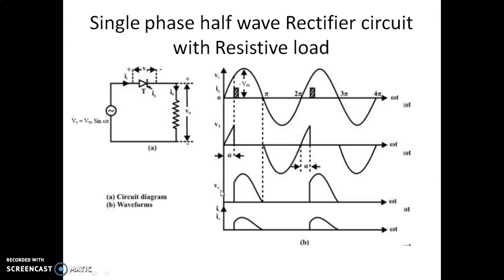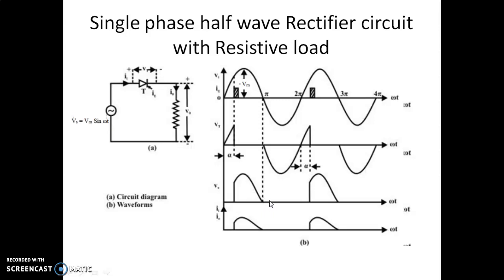You can see that the output voltage, that is the voltage across the load resistor, is equal to the source voltage from omega t equal to alpha, because at this point the thyristor turns on and the full voltage appears across the load resistor. Since the voltage across the thyristor is 0, all the voltage appears across the resistor.